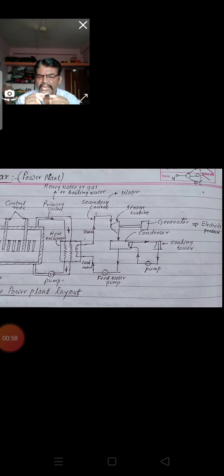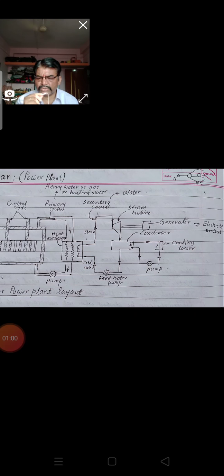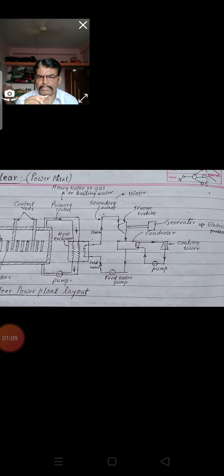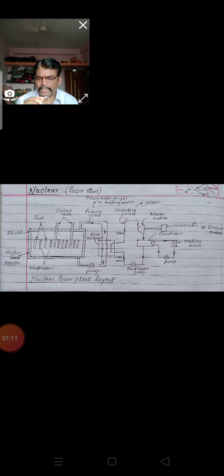The main advantage of this nuclear power plant is that nuclear energy generation does not cause air pollution if hazards of reactivity are properly prevented. A large quantity of energy is released with consumption of only a small amount of fuel.